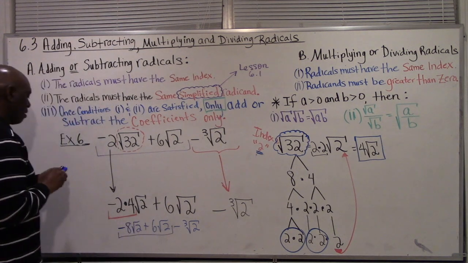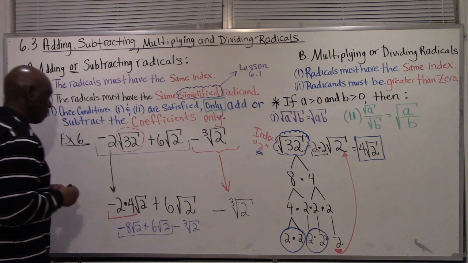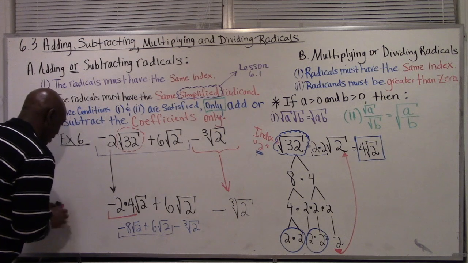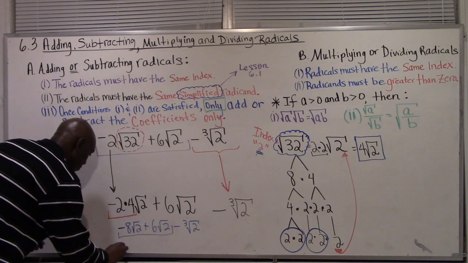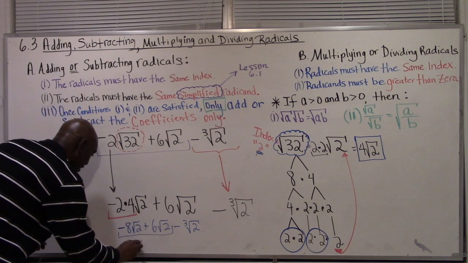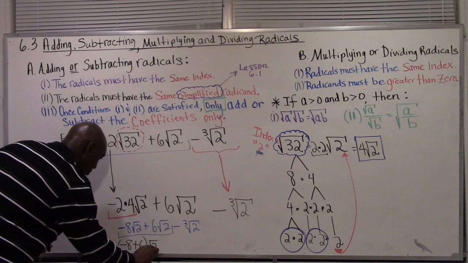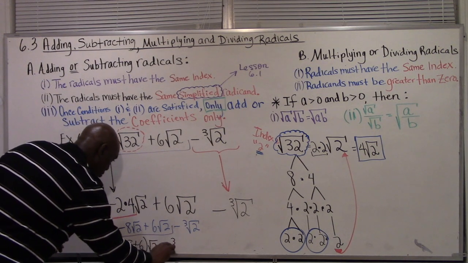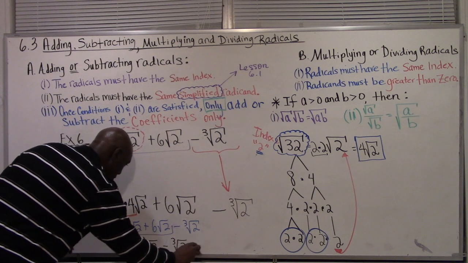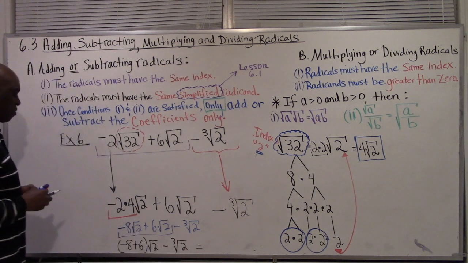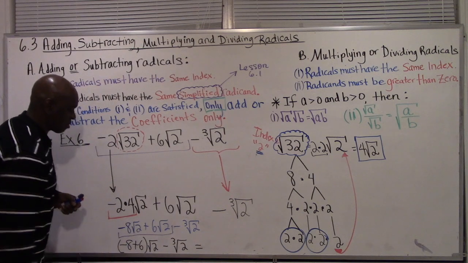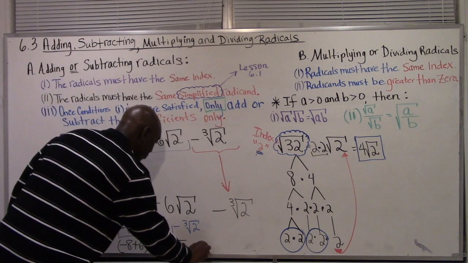That's it. So we're going to have negative 8 plus 6 square root of 2 minus the cube root of 2, which equals, what's negative 8 plus 6? Negative 2.